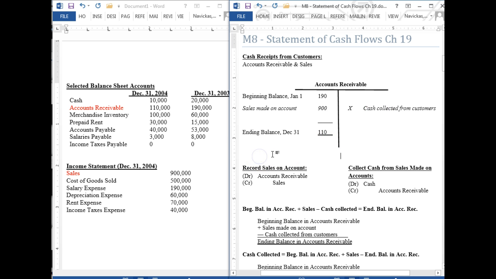What I do here is I use an algebraic equation. I just say 190 plus 900 minus x gives me 110. Kids know how to solve that, right? So this plus this minus the credit side gives me that.